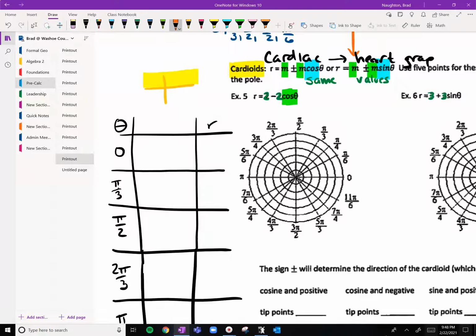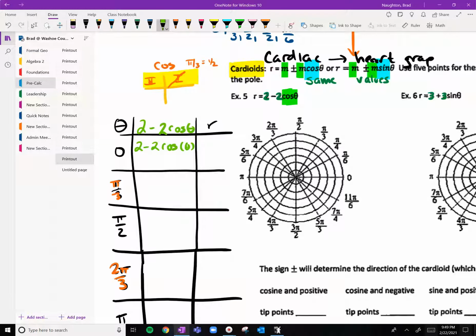So for the values that I need for cosine, I'm going to use my cosine, and I know that right here at pi over 3, that's going to be 1/2. That's why I use the pi over 3 and the 2 pi over 3. Alrighty, so we're going to do the exact same strategy we just got done doing and put this into 2 minus 2 cosine theta. So 2 minus 2 cosine of 0.